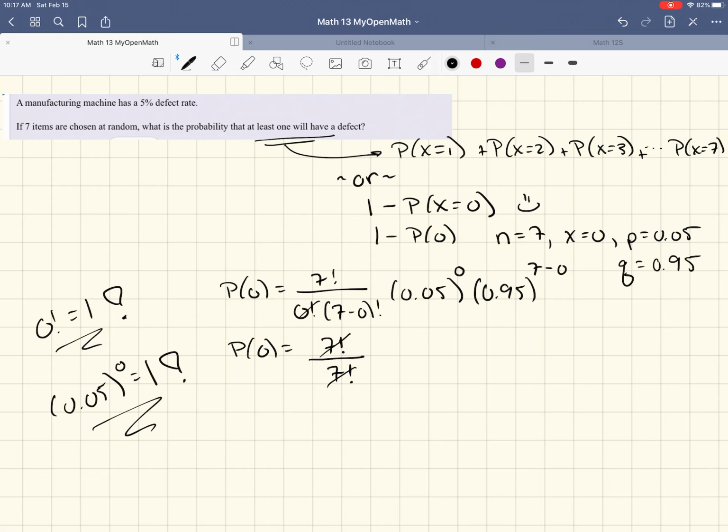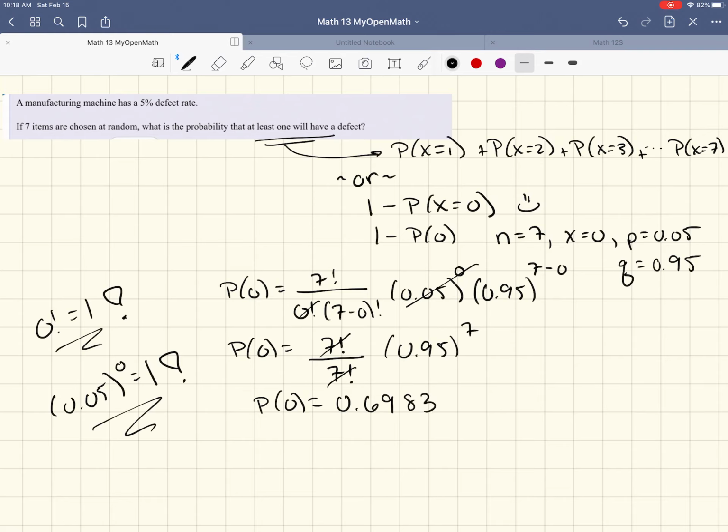So this 0.05 to the 0 also cancels away to 1, and we're left with 0.95 to the 7. When we plug that into our calculators, the probability that none have defects is 0.6983.